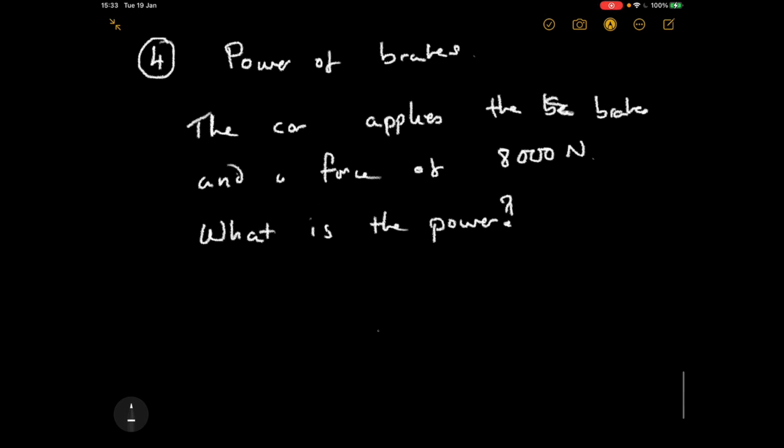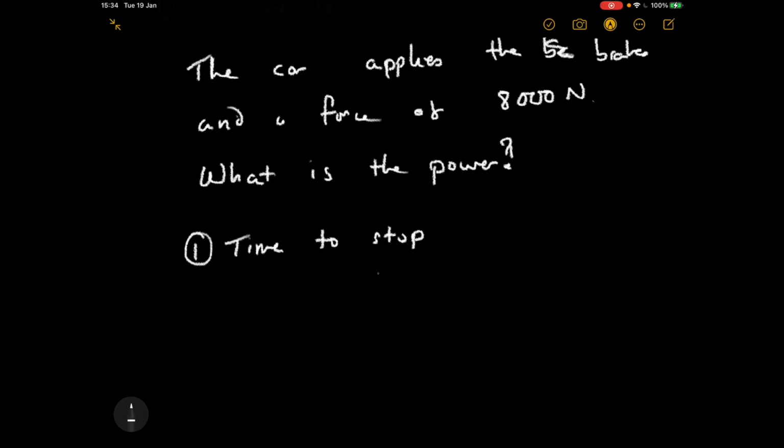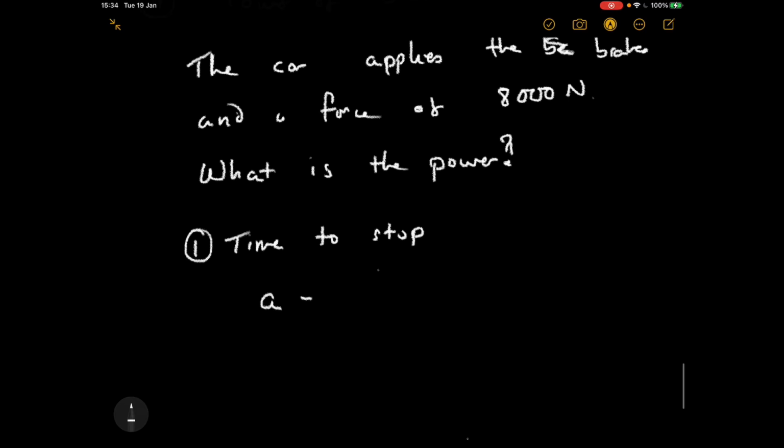Well, in this case, there are multiple ways to go about this. We can say part 1, we can calculate the time to stop. So we can say the acceleration is equal to force over mass.